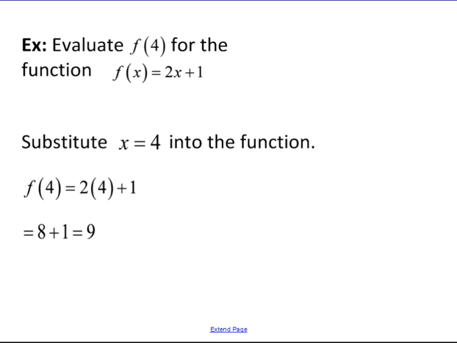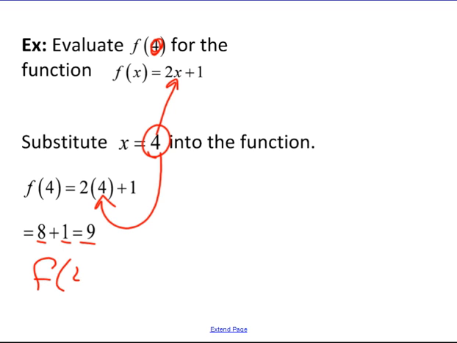So let's suppose I have a function f of x is equal to 2x plus 1, and I want to evaluate for f of 4. What that means is my x value is going to be 4. So I'm going to take 4 and plug it into my function for x. I'm going to replace my x value with 4 and figure out what that is. 2 times 4 is 8, plus 1 gives you 9.